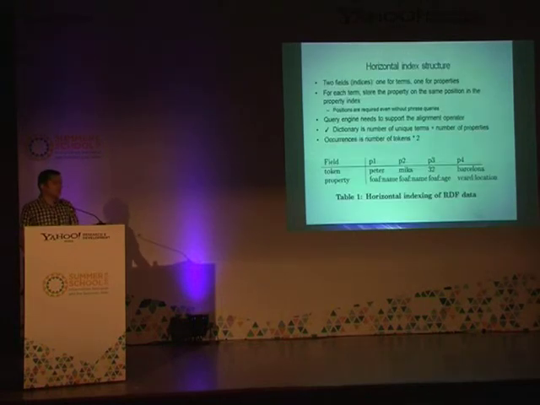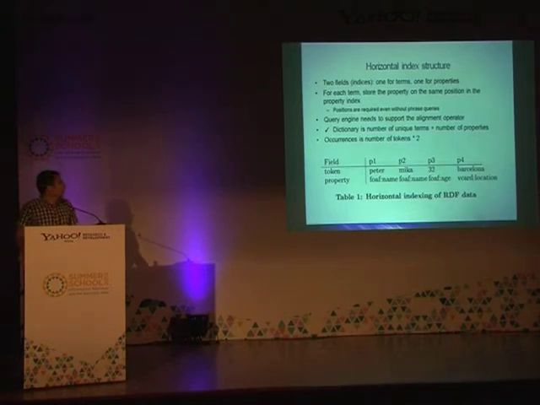I'll go very quickly over this because I would really like to talk about more interesting things. But essentially, you have two ways of chopping up your index. One is what we call a horizontal index. In this case, you essentially have two fields, and these two fields are aligned.